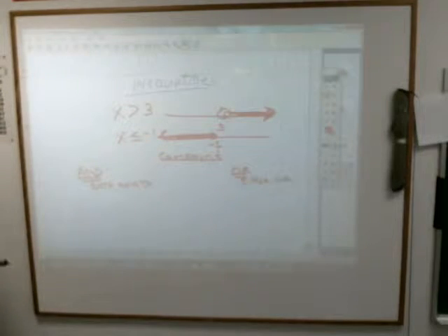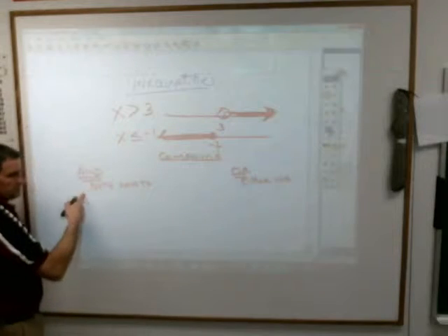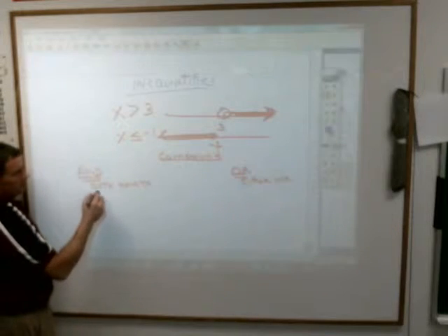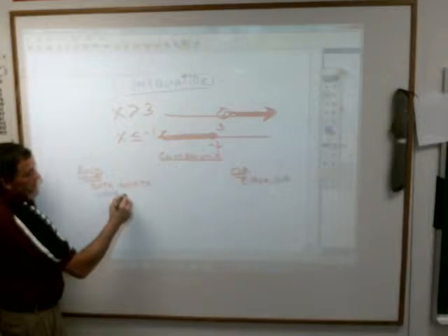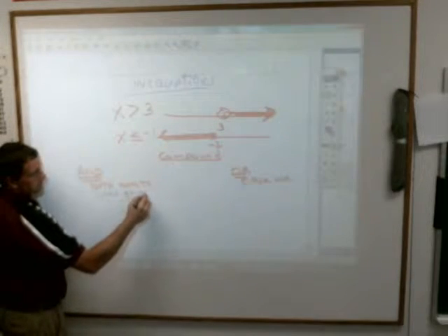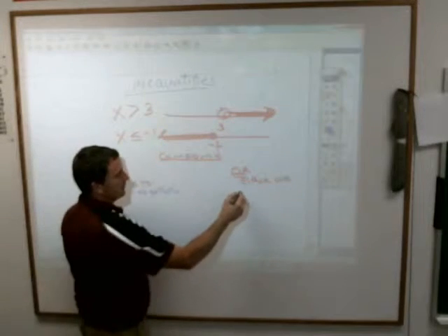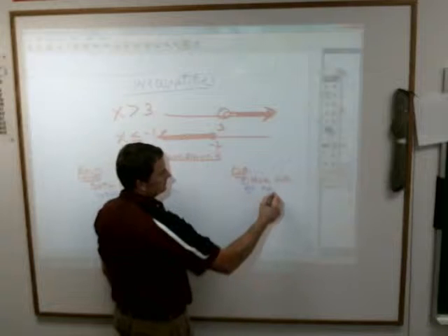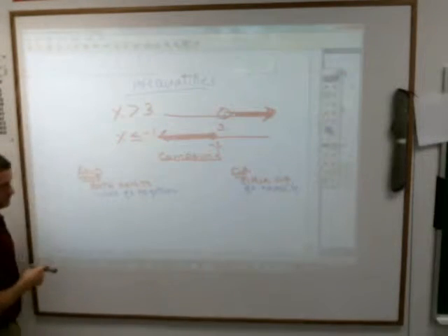And what you'll find happen is this. If you see the word "and" in something, these lines come together. These go in opposite directions. I'm going to do the "or" one first.